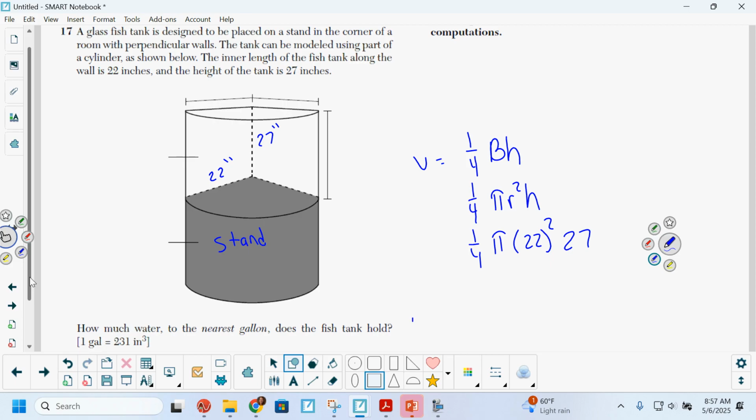So when I plug all that into my calculator, I get 231 inches. Oh, nope, sorry, that's my conversion. Oh, I didn't write down what I got. All right, let's do it then.